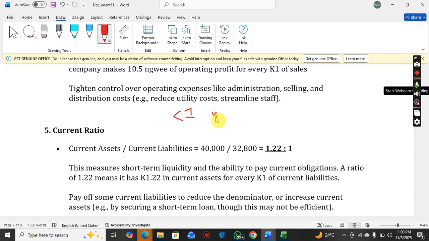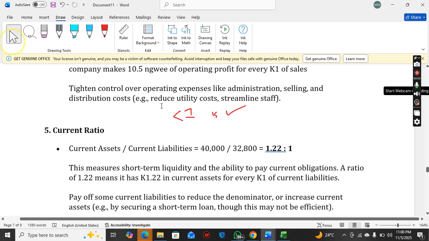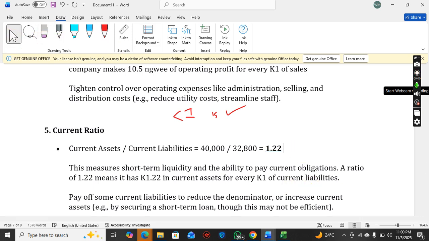It signifies that you can take care of your current liabilities with your current assets. Any number less than 1 is not a good position to be in. It signifies that you cannot cover all your current liabilities with your current assets.